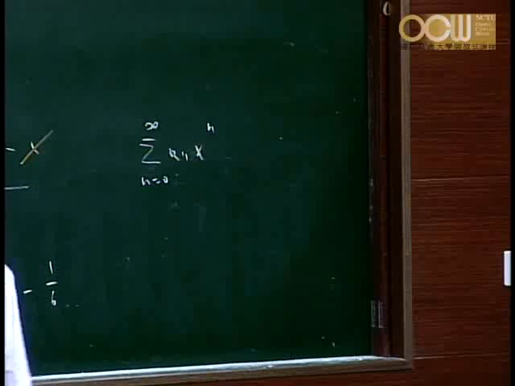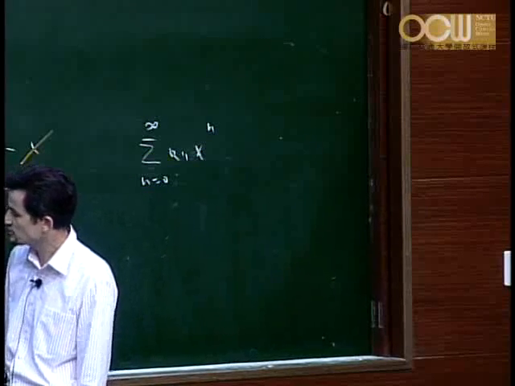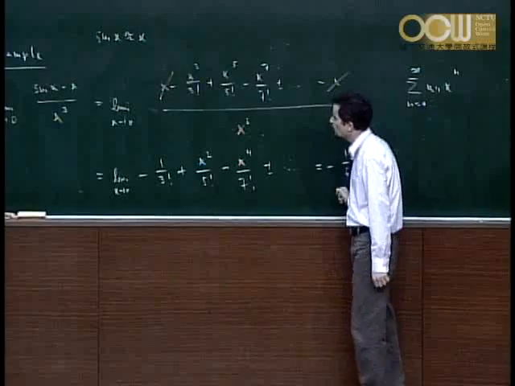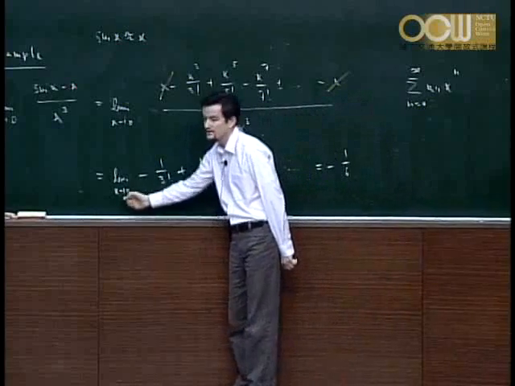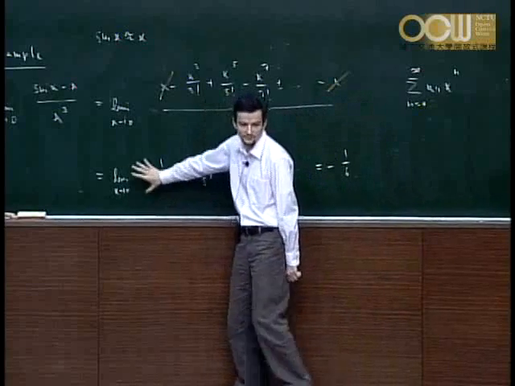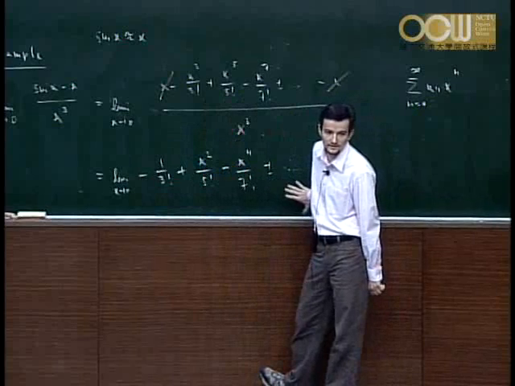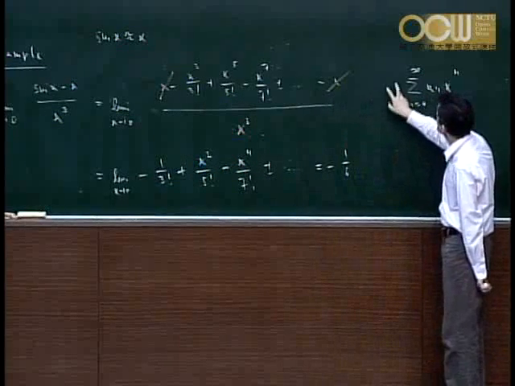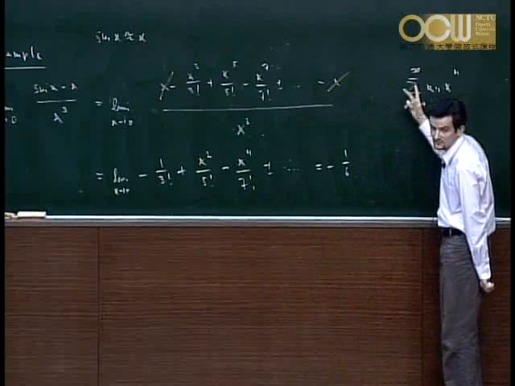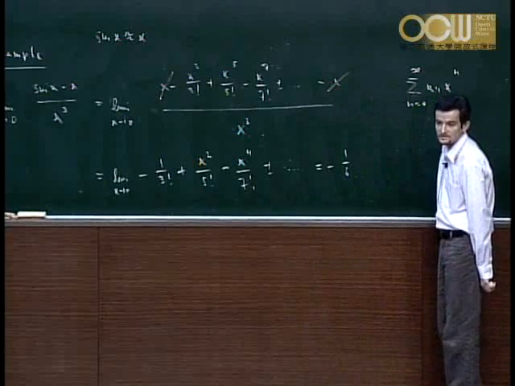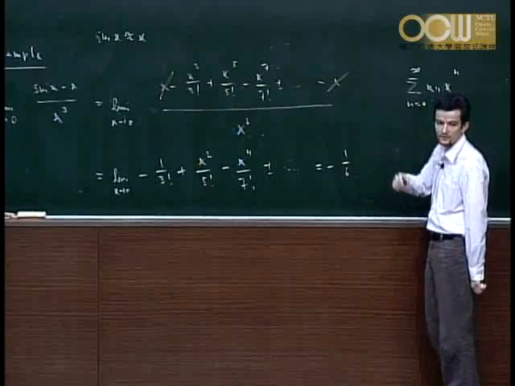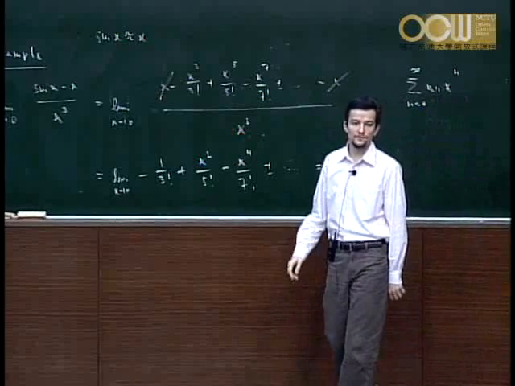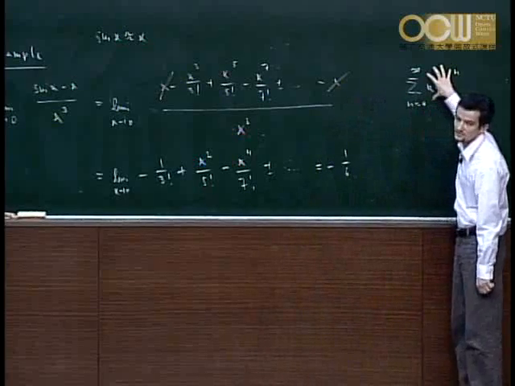It's not completely trivial, this step here. You should observe that you cannot simply say this identity holds because the limit of a sum is the sum of the limits. It's not true because you have here an infinite number of terms. It's not so easy. What you want is to interchange the limit and the series, and for this you need assumptions. If you have a power series, this works. But in general, if this is a more complicated function, it's not true.